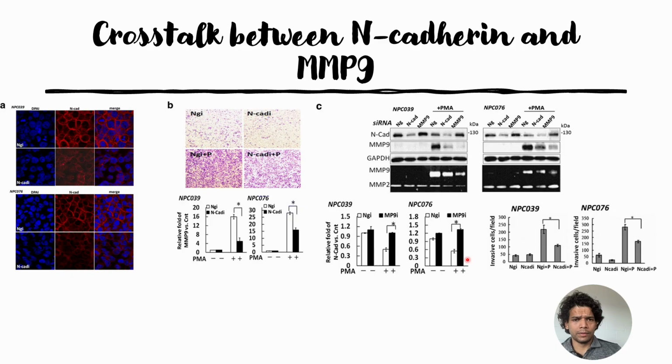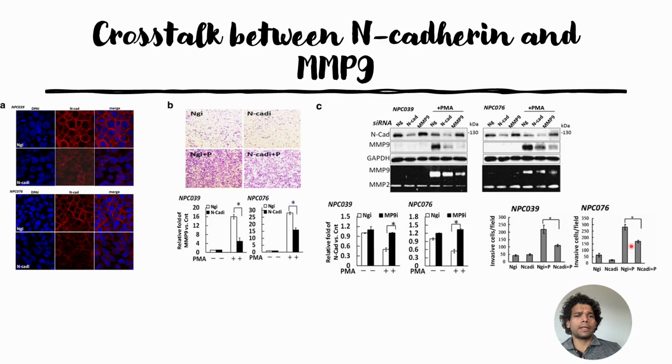Afterwards they also checked whether it will have any impact on the invasion. Here they see that when they knock down N-cadherin and treat the cells with PMA, there is a reduction in cell invasion, and this is true for both NPC039 and NPC076 cell lines.